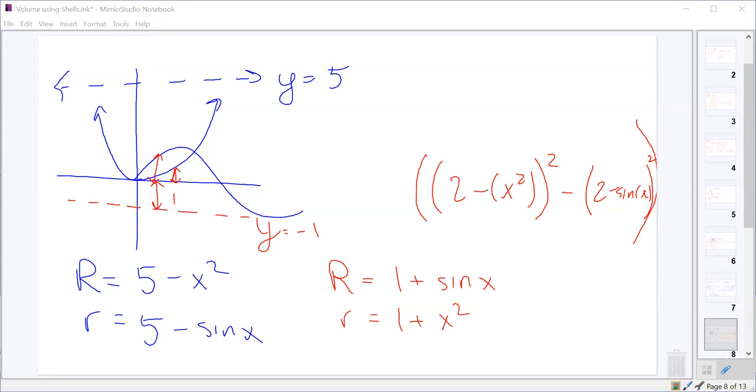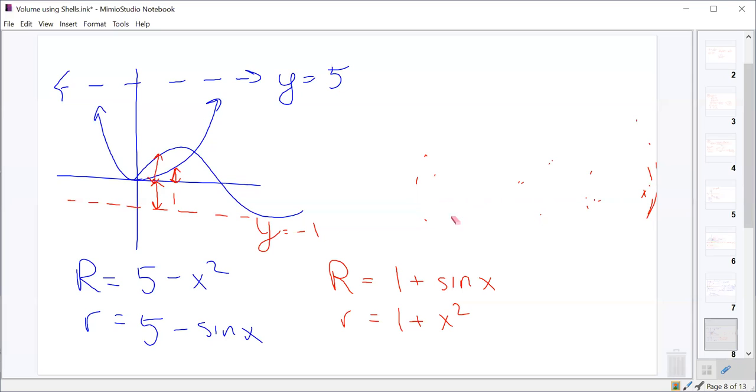All right, everybody good with the 1 plus sine x and the 1 plus x squared? Okay. Matthew, you're gonna write exactly this into your calculator. Pi, integral, I don't remember what the limits were.